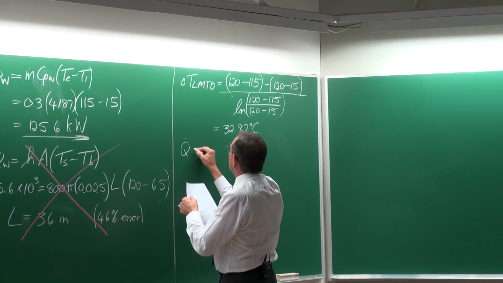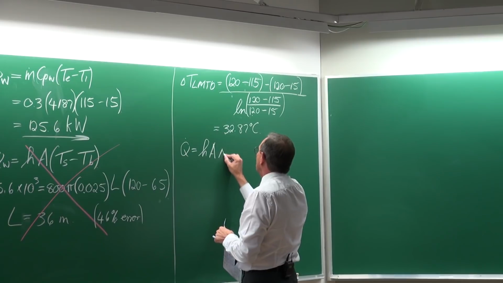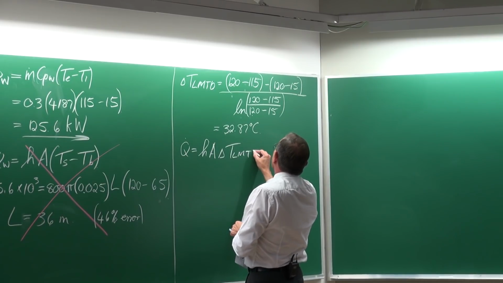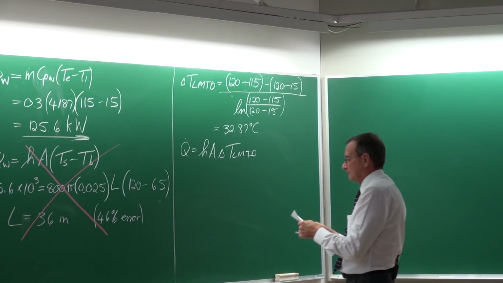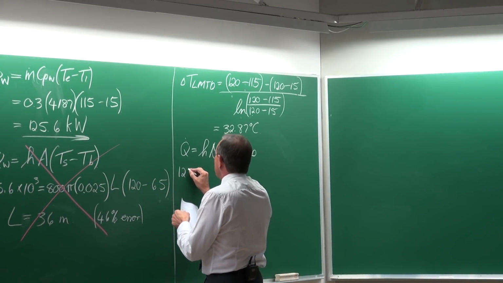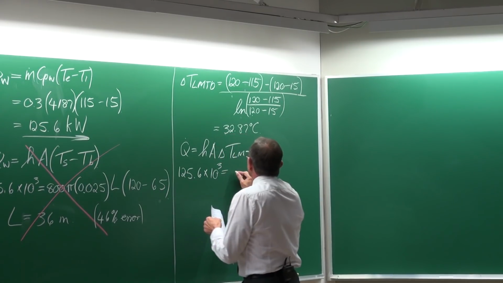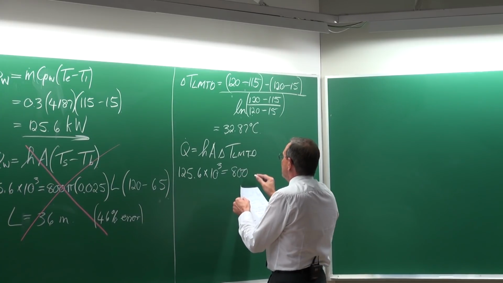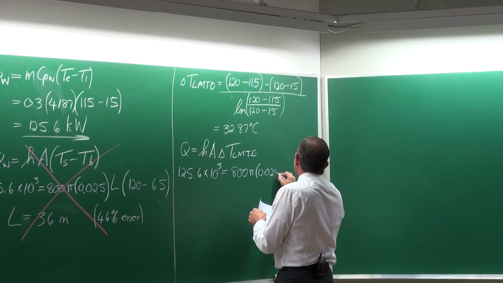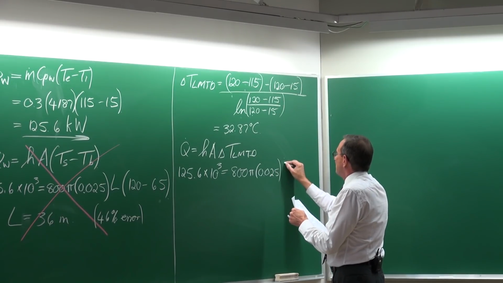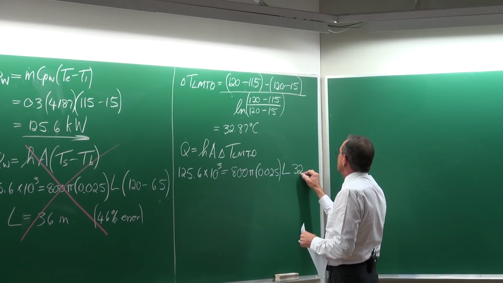Therefore, the heat transfer rate, correctly done, should be equal to the heat transfer coefficient multiplied by the area multiplied by the LMTD, the log mean temperature difference. The heat transfer rate is 125.6 kilowatts, equal to the heat transfer coefficient, 800, multiplied by pi, the diameter, and L, which is what we want to solve, and the LMTD is 32.87.